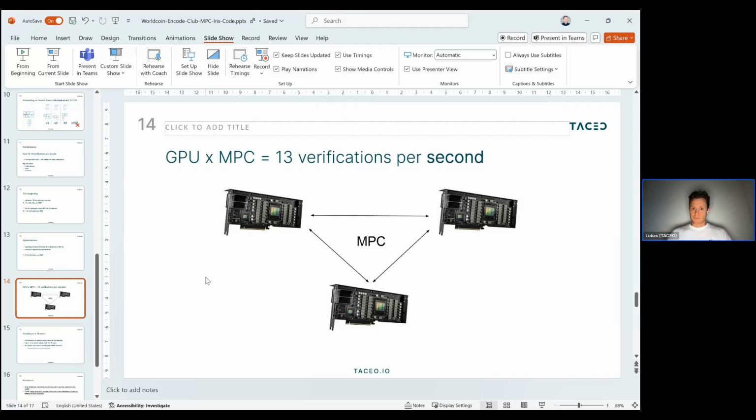For those curious, in this setup each MPC node consists of 8 H100s, very powerful graphic cards that are mostly used for AI training.